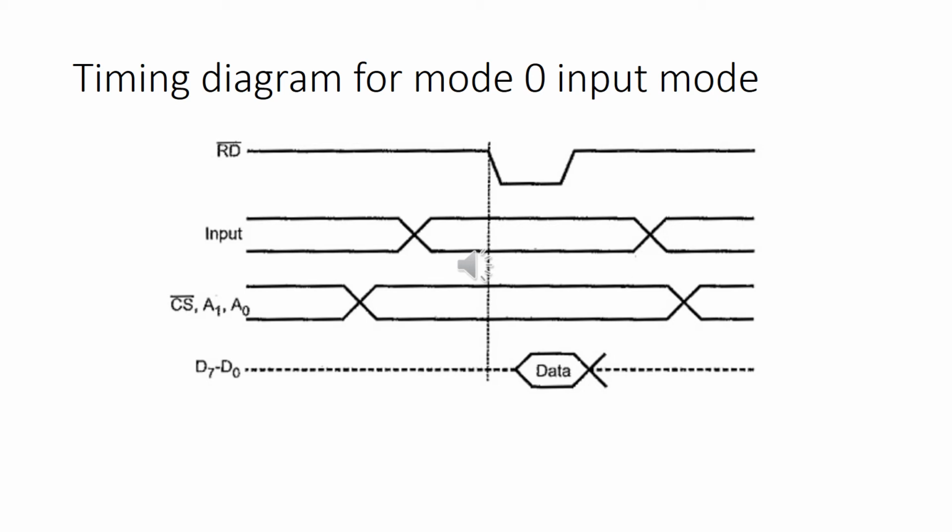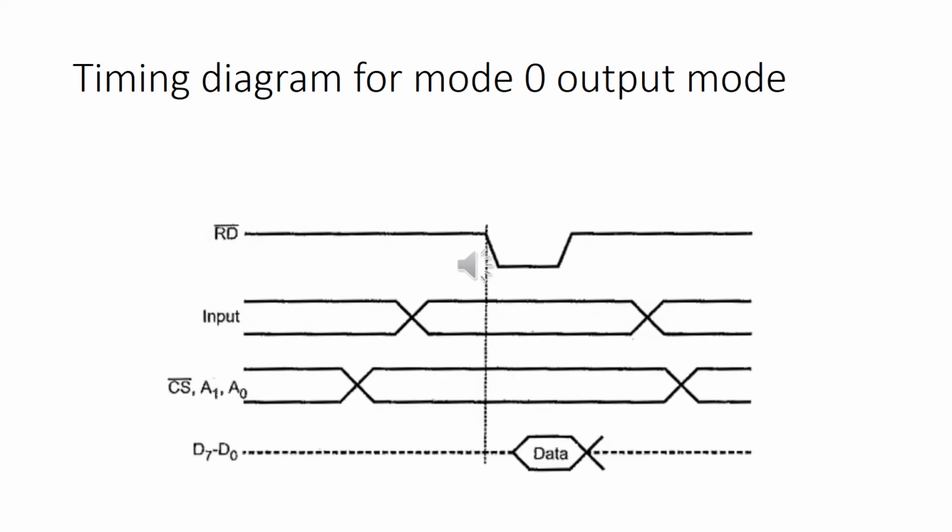D0 to D7 becomes the data, and CS bar and A1 A0 will select the port to which it is to be connected. The input signals work as they are. This is the timing diagram for mode 0 output mode. When it is output mode, you can see the differences with the data.